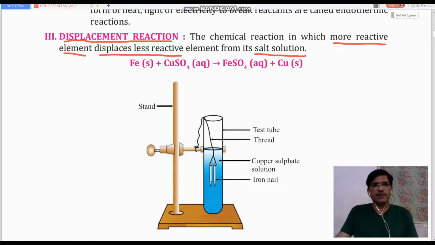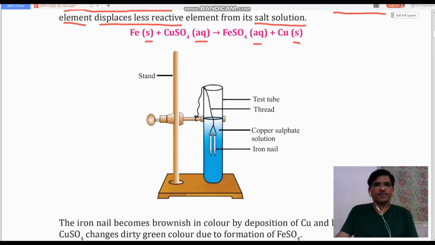As an example, if you see properly here, iron plus copper sulfate gives iron sulfate plus copper. Iron is in solid form, copper sulfate is aqueous, ferrous sulfate is aqueous, and copper is in solid form.